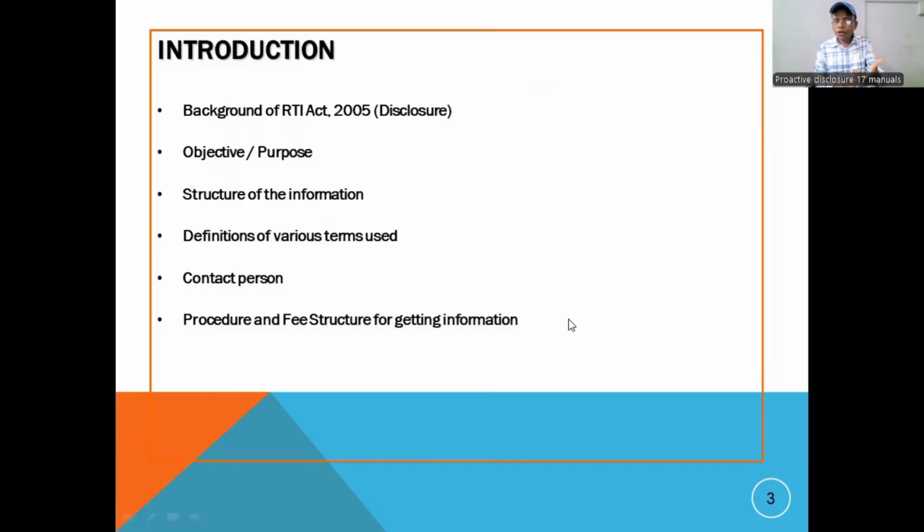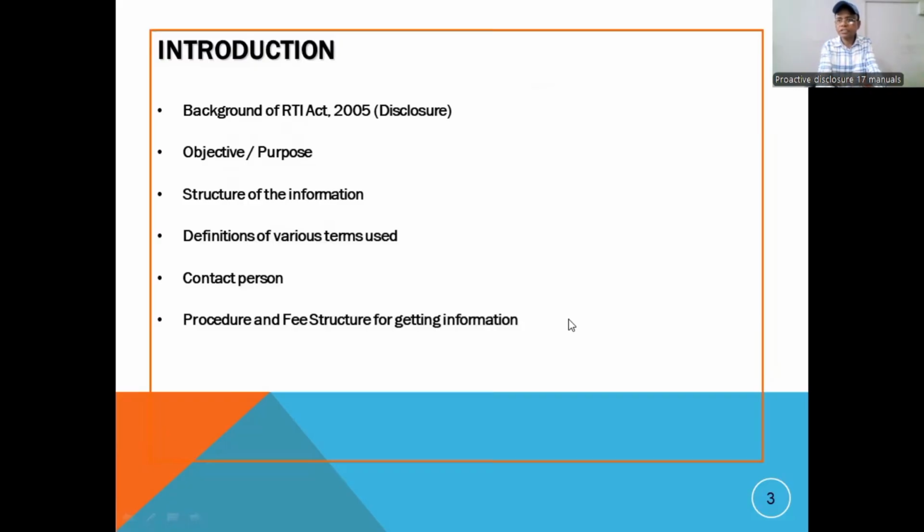Then second point, objectives and purpose. What are the purpose and objectives of this RTI? That should be reflected, because some of the public authorities have not given it at all. No public authority has given any information on this point. Because what is the purpose?